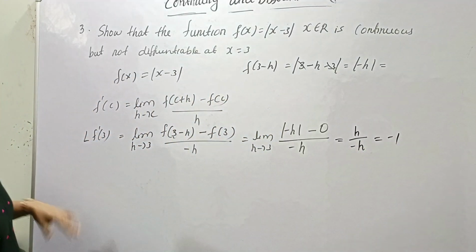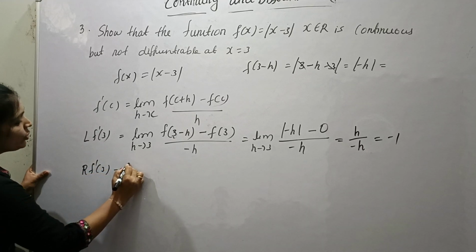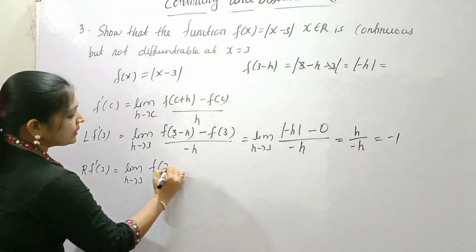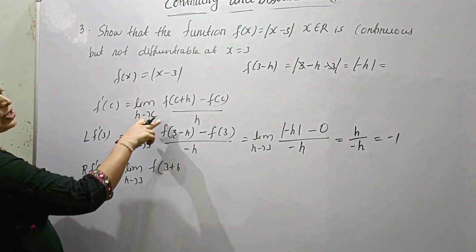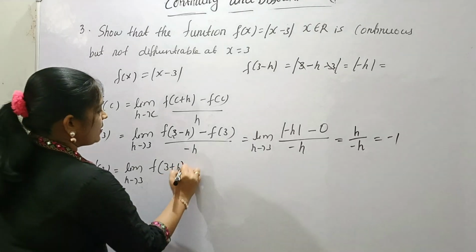And right hand derivative f dash of 3, that is equal to limit h tends to 0 of f of 3 plus h, okay? Right hand derivative is f of c plus h minus f of c divided by h.